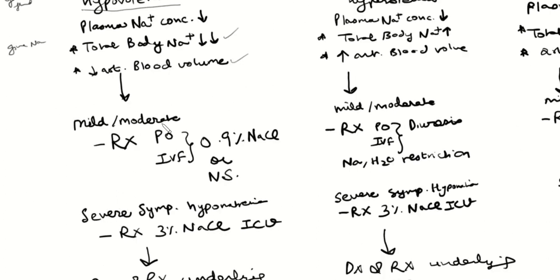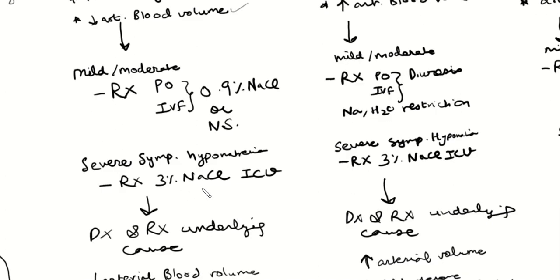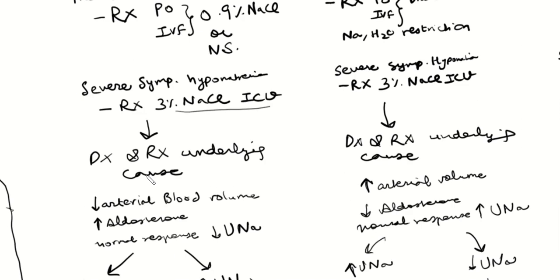If it's mild to moderate, I'm going to give by mouth or IV fluids, right? Depending on whether it's mild or moderate. And again, I give what? Salt and fluid both. If I'm going to give it IV, it's normal saline, 0.9% normal sodium chloride solution. If it's severe symptomatic hyponatremia, remember that exception? I'm going to give 3% sodium chloride in the ICU. And I'm going to diagnose and treat the underlying cause.